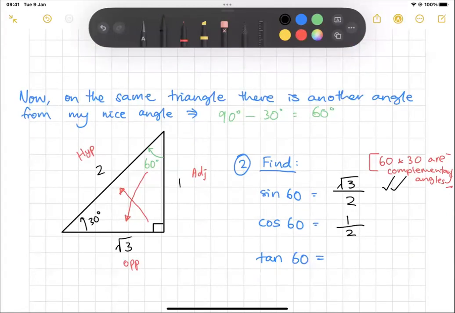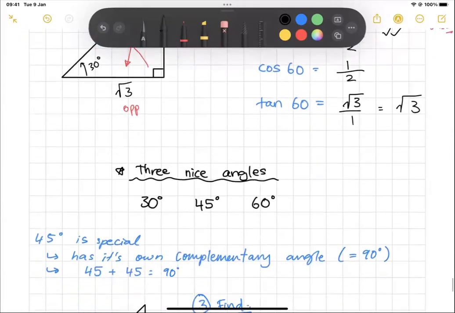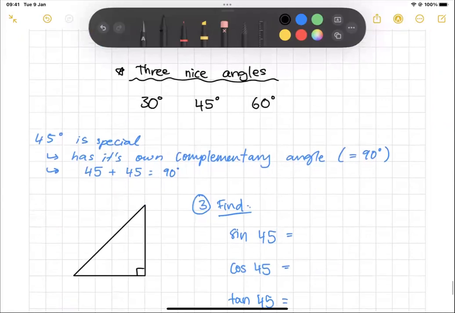For tan 60, it's opposite over adjacent. So my opposite is square root of 3 and my adjacent is 1, which is, of course, just square root of 3. We will talk about the complementary of the tan, but possibly not in this topic. Maybe later on.